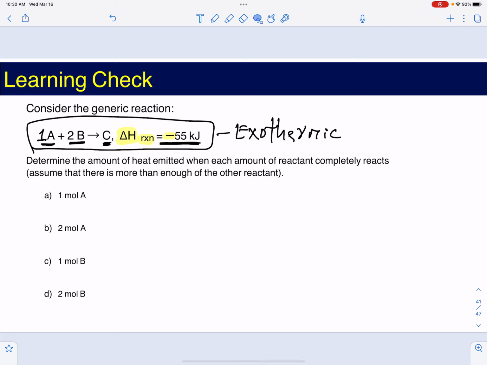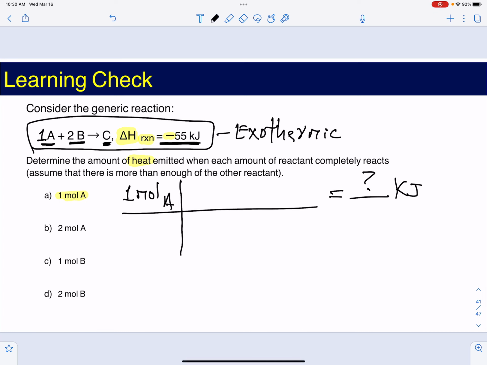Determine the amount of heat. So we need to find the heat, the enthalpy, given this amount. So how do I do that? Given 1 mole of A, can you tell me how many kilojoules that will be? Using the train track foolproof method, you can say, well, I do not want the moles of A because I'm looking for kilojoules.